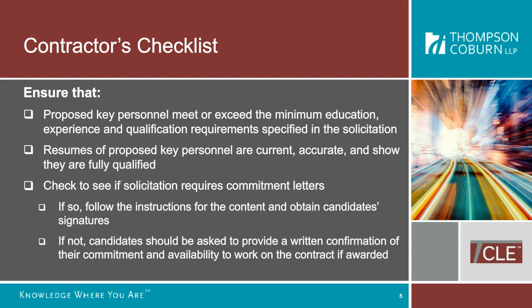I know that sounds very obvious, but you would be very surprised to learn how many times offerors submit key personnel submissions or resumes that don't demonstrate that they meet all of these requirements. And I can tell you that as bid protest attorneys, that's one thing that we will first scour in a protest: the offeror's or the awardee's key personnel submissions and their resumes. And you'd be surprised how many problems we find with those.